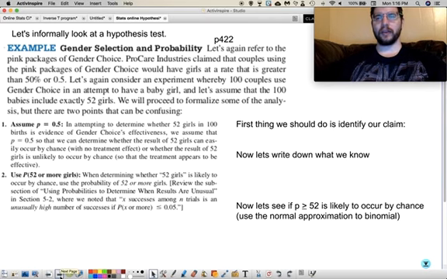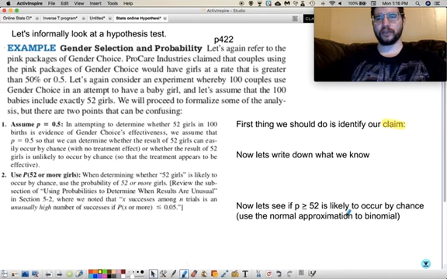So let's just informally look at hypothesis tests real quick. ProCare Industries claims that couples using the pink packages of gender choice would have girls at a rate that is greater than 50%. Let's again consider the experiment where 100 couples used this packet and only 52 of them were girls. We're going to look at a formalization of this process later, but first let's just write down what we know.